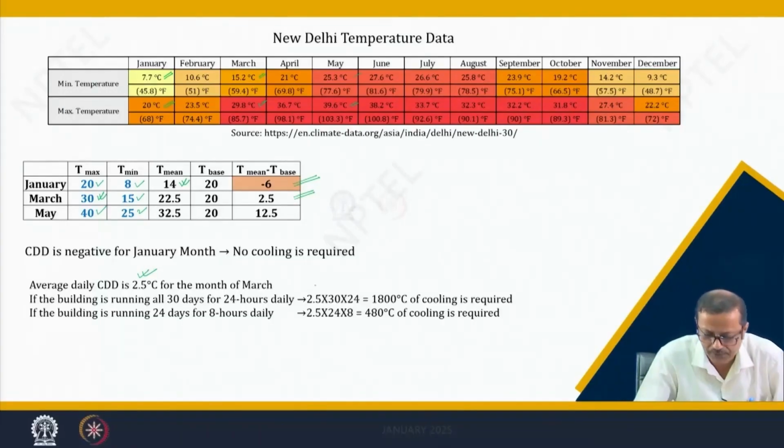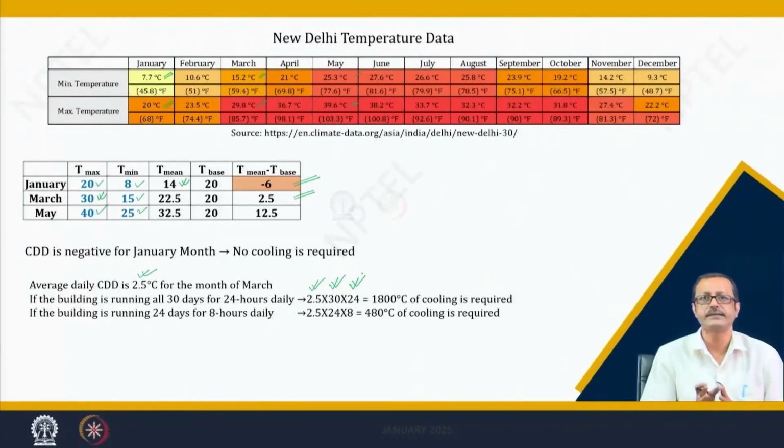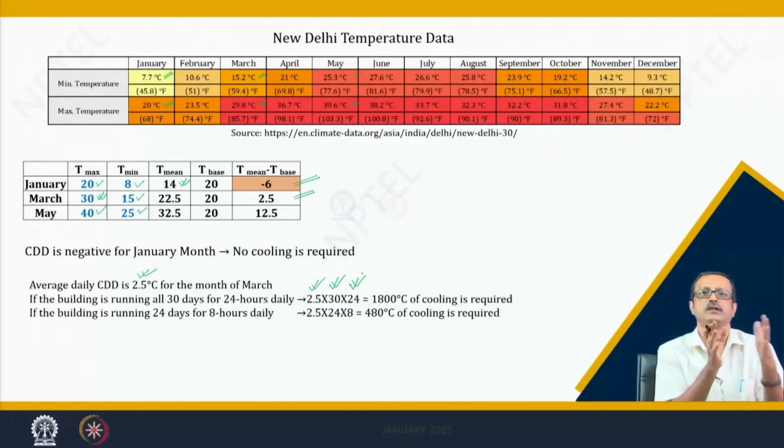So, 2.5 degree per day, 30 days in a month and 24 hours. So, if you multiply all the three, 1800 degree cooling is required for the whole month for that particular building or that particular space.